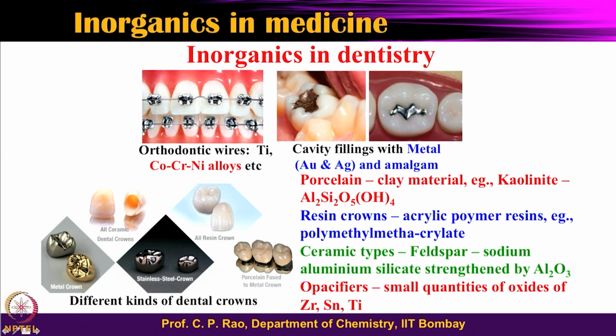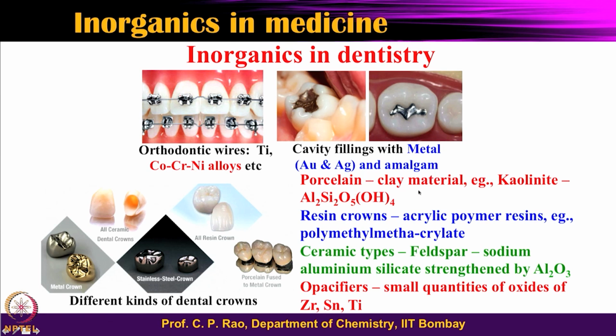and so you can also use fillers in the cavity. The dental cavities are filled with metal like gold, silver or amalgam kind of things. These things can be used. Okay, so to protect these ones, you have caps. The caps can be made of porcelain.